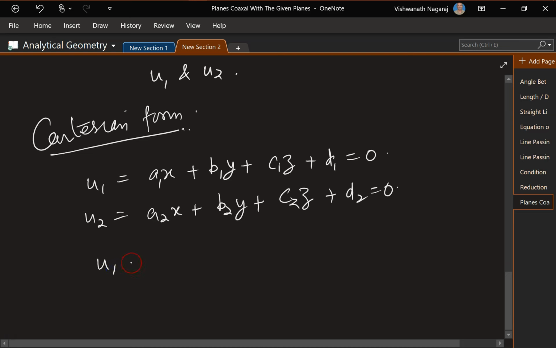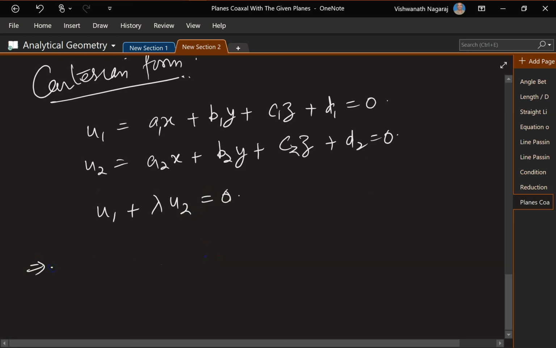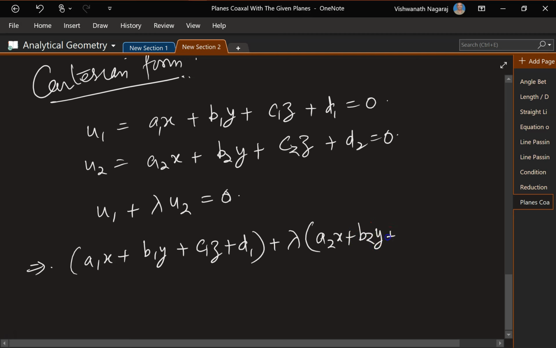So, as we have seen before, u1 plus lambda u2 equal to 0, which implies a1x plus b1y plus c1z plus d1 plus lambda times a2x plus b2y plus c2z plus d2 equal to 0.